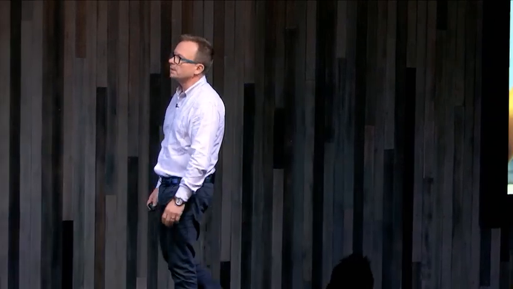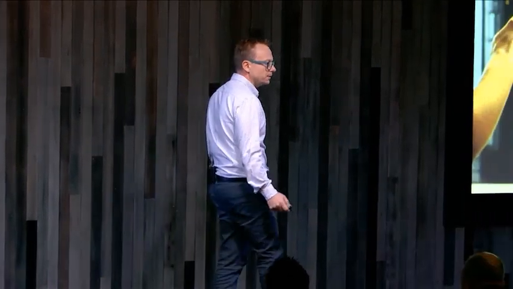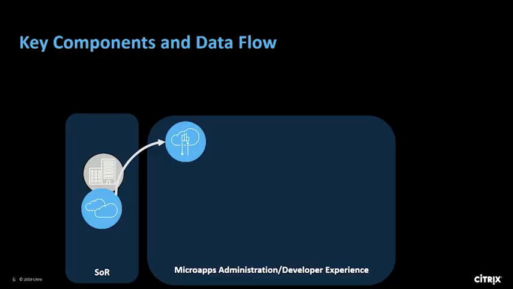Cool. So now we know about the components. We know about the special HTTP integration that rules converge. This is what we are here for. And let me talk a little bit about how the data will flow across those components I was talking about. Initially, we have a system of record and we have a data integration provider.